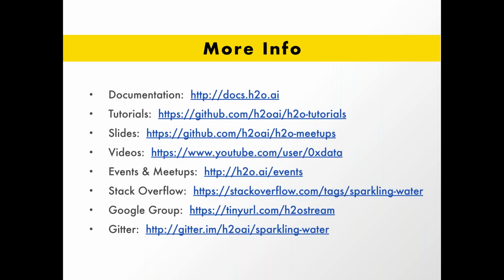But what you need is to have some small H2O library or Sparkling Water library available on the classpath because we need to have some classes available. In the case of H2O, it's called h2o-genmodel, and in the case of Sparkling Water, you still need to have the full Sparkling Water jar file on the classpath. But it doesn't have to be running. You just need to have Spark running and have the module available. Then you can load it and run predictions without H2O running.